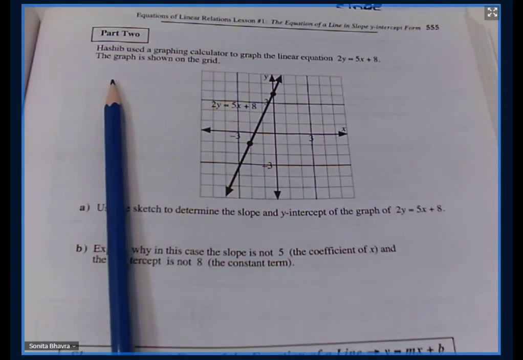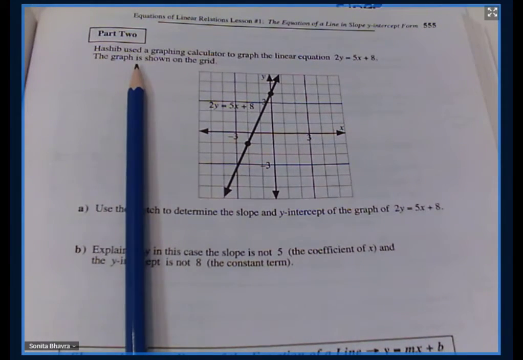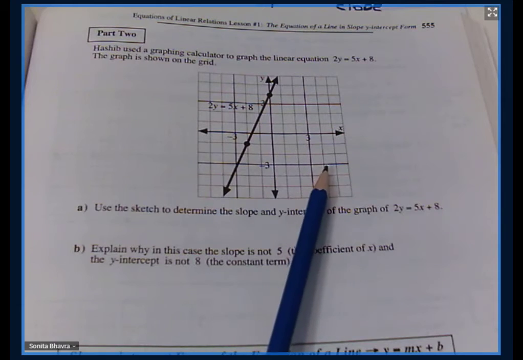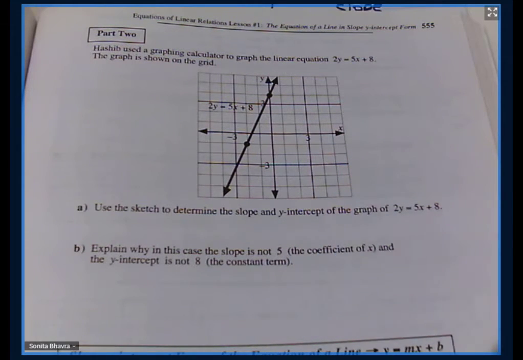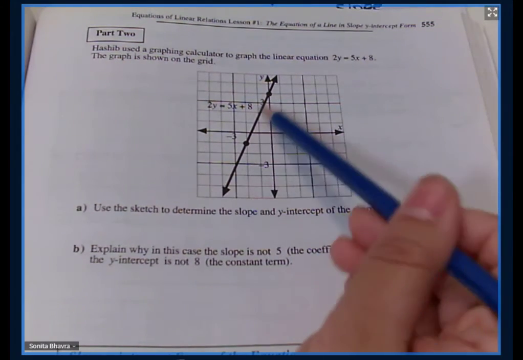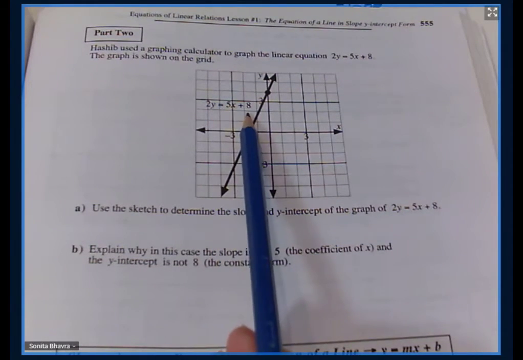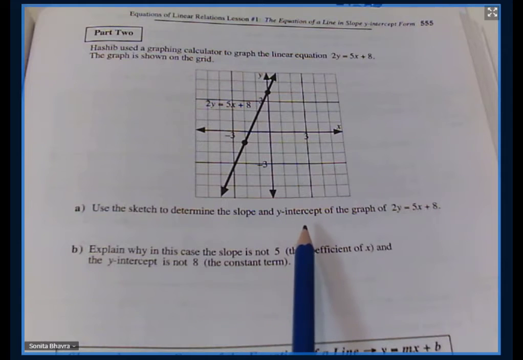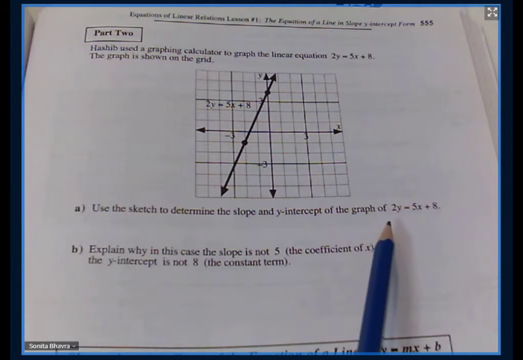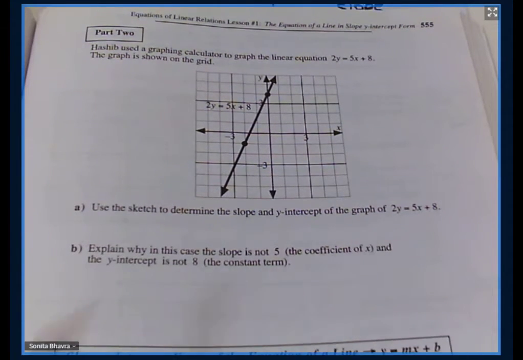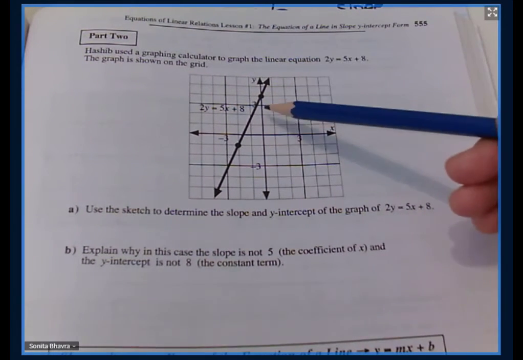All right, our next example, Hashib used a graphing calculator to graph the linear equation 2y equals 5x plus 8, and this is the graph. So let's determine the slope and y-intercept of the graph. For our slope, we'll just use rise over run. We'll use these 2 points.